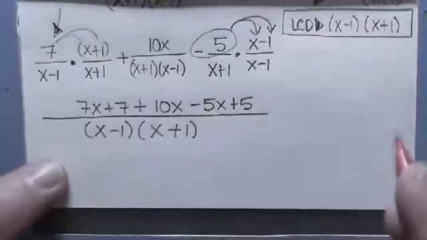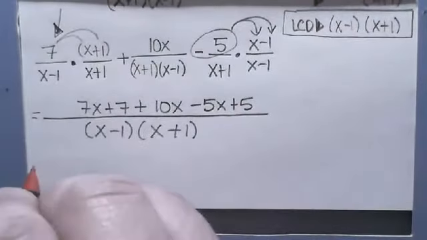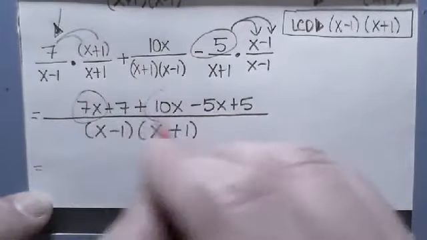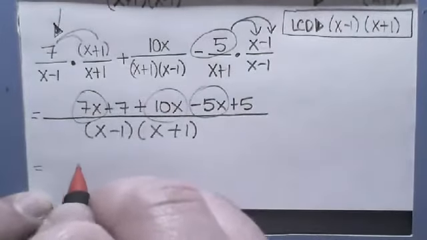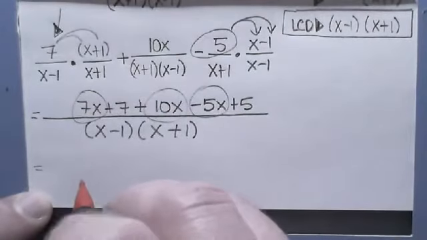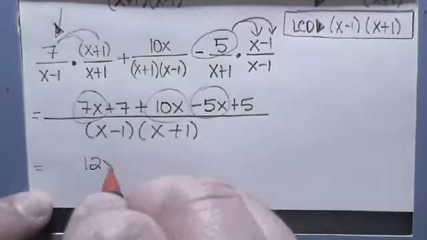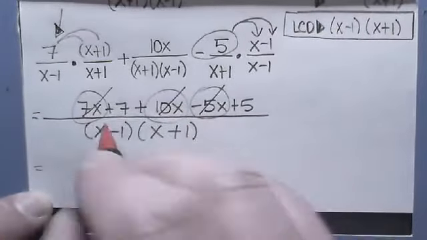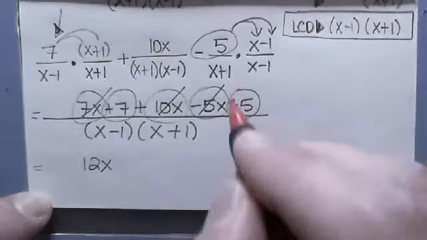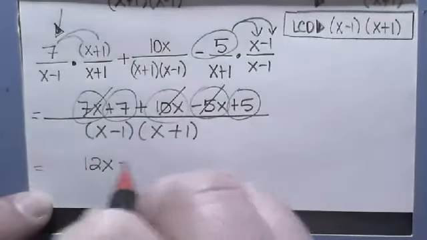Alright, now let's combine like terms. I can combine 7x, 10x, and negative 5x. So if I combine that, I am going to get 12x. I'm done with that. Then I'm going to do 7 and 5. 7 plus 5 is 12.